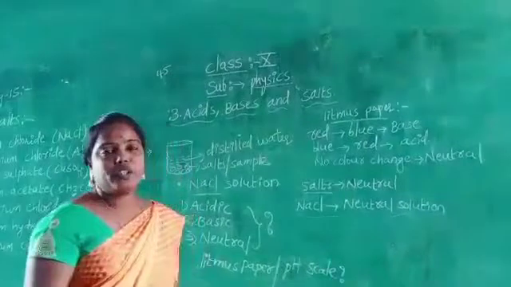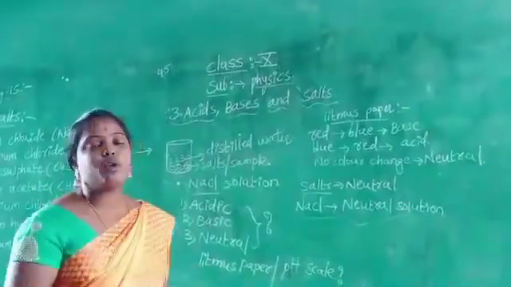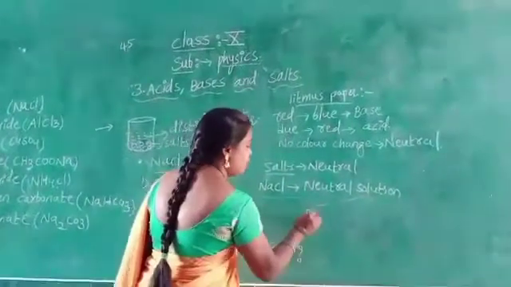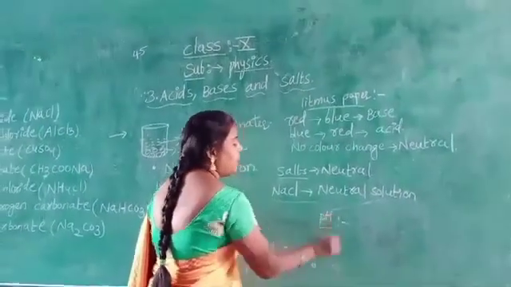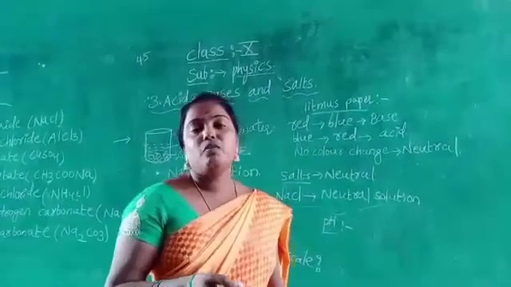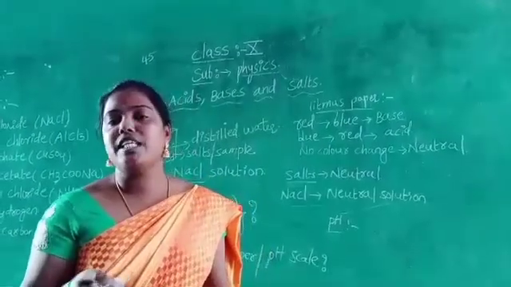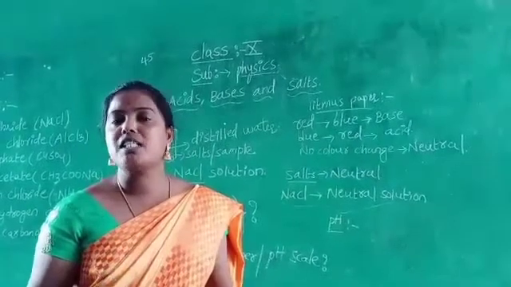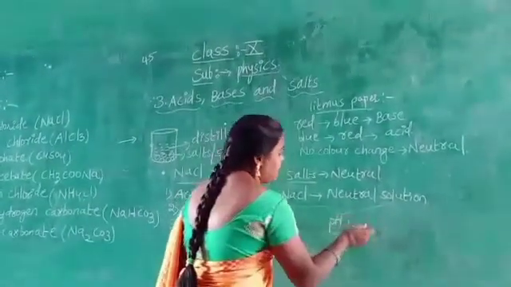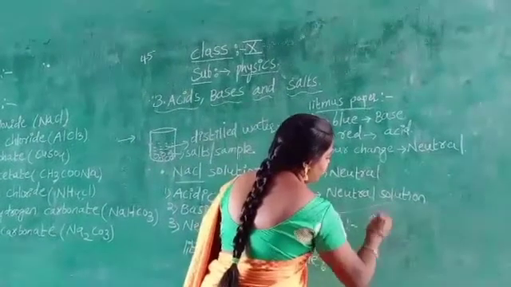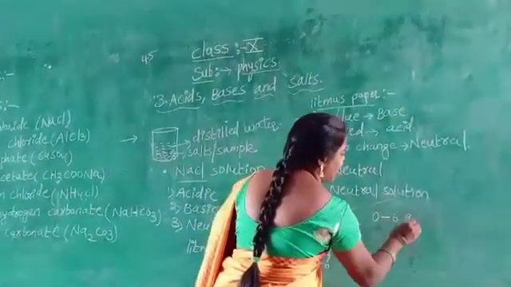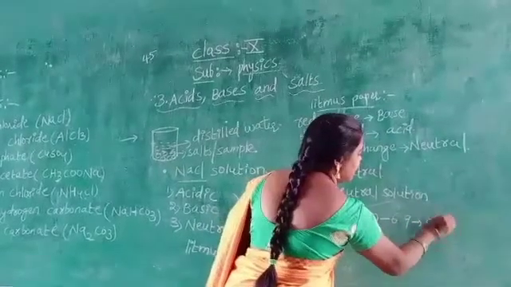If you want to test this sodium chloride solution by using a pH scale, one more important thing: the pH scale is also useful to determine whether the given solution is an acid, a base or neutral. Then how do you know by using the pH scale? Already told you, if the pH scale shows a reading from 0 to 6.9, that is an acid.